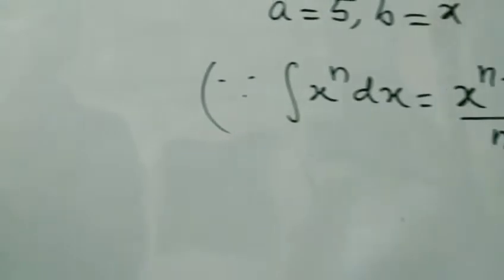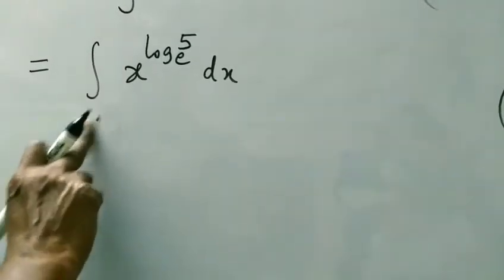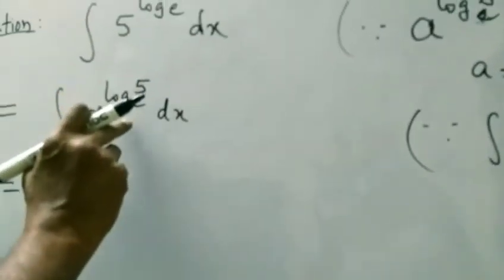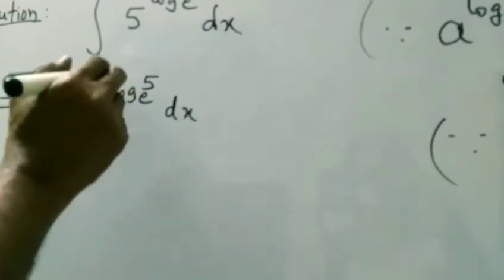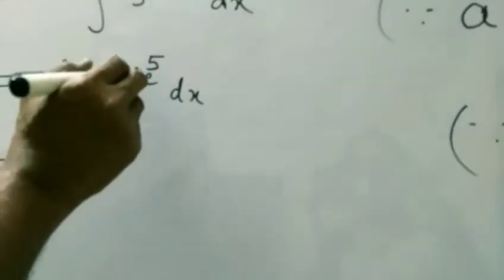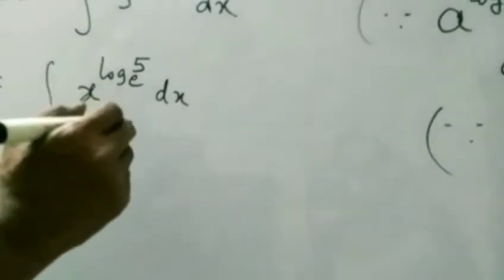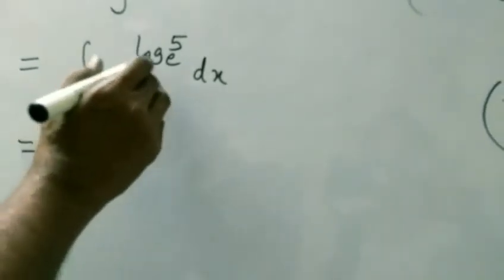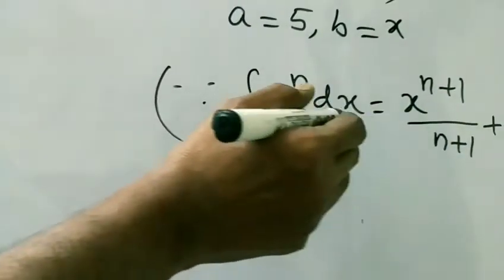Here we have x to the power of n, x to the power of log 5 to the base e. Log 5 to the base e is the n here. So integral of x to the power of log 5 to the base e dx is equal to x to the power of n plus 1 by n plus 1 plus c.